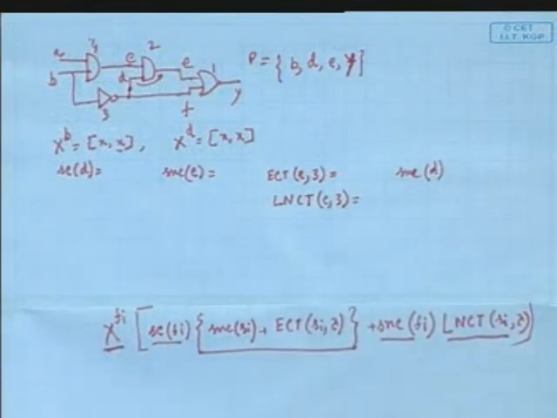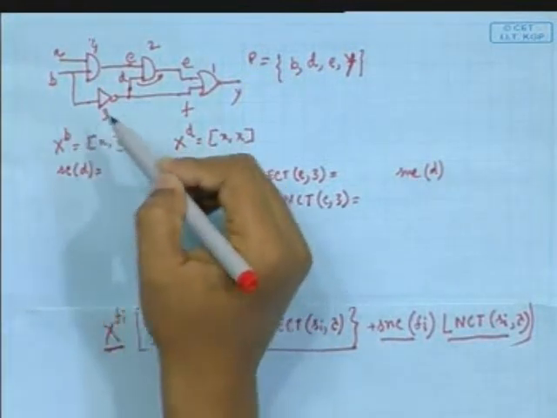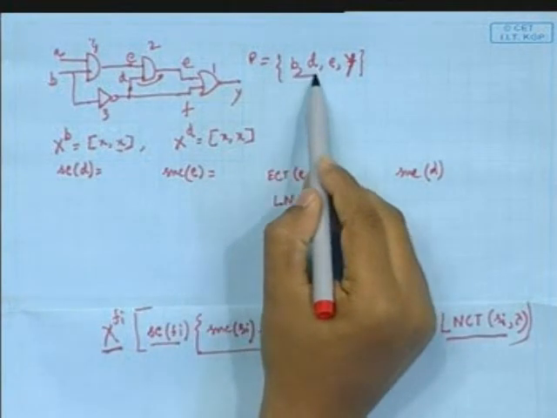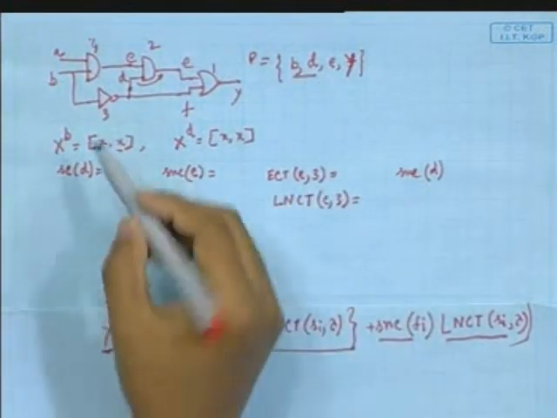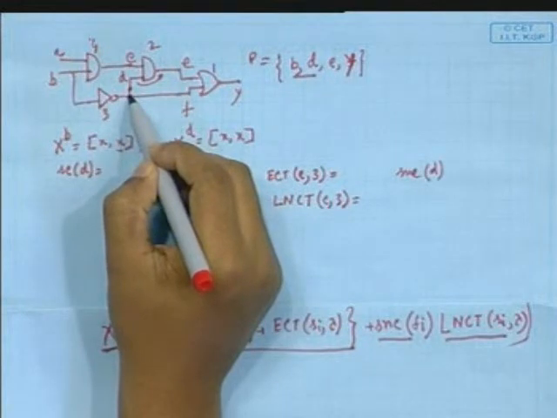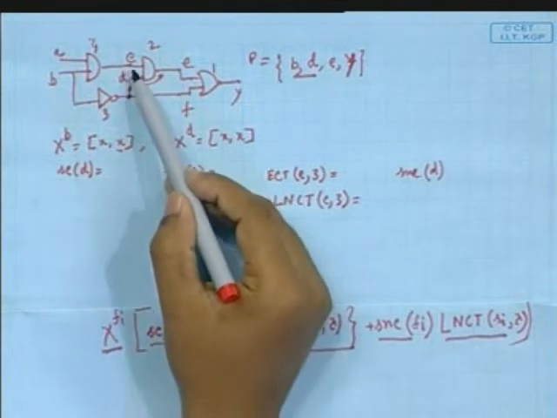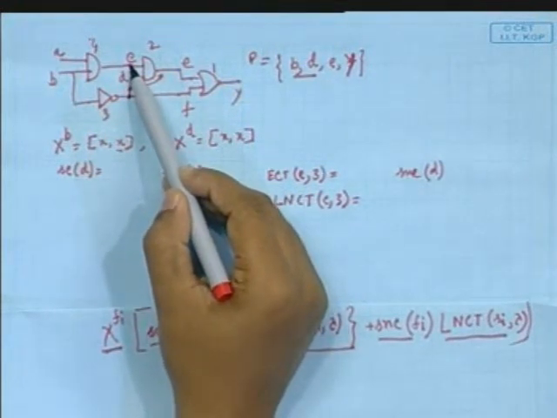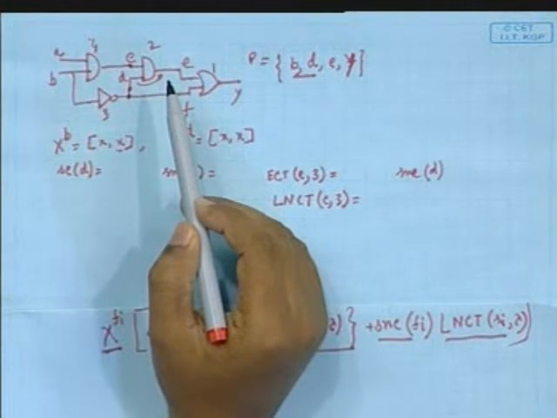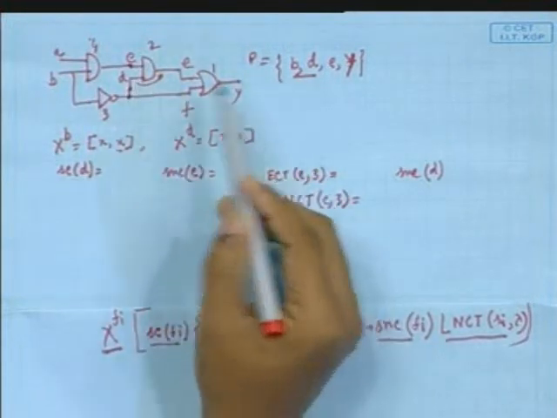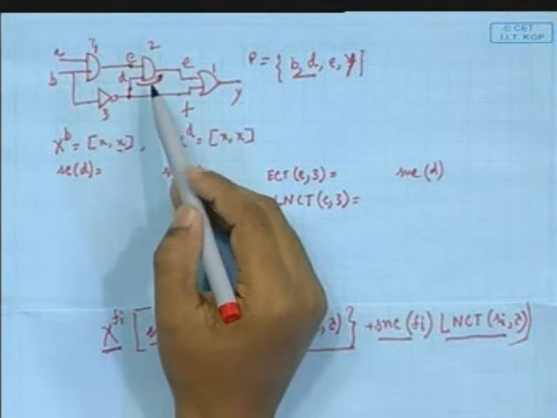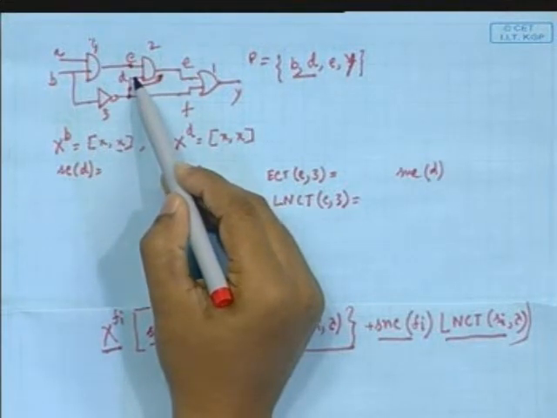Okay. Yes. Since I'm considering the path BD till now, the delay along this path is 3. Here I need to find the set of input vectors for which these nodes stabilize later than t equal to 3, because at a later point of time I will be considering this path. This node stabilizes at t equal to 3.